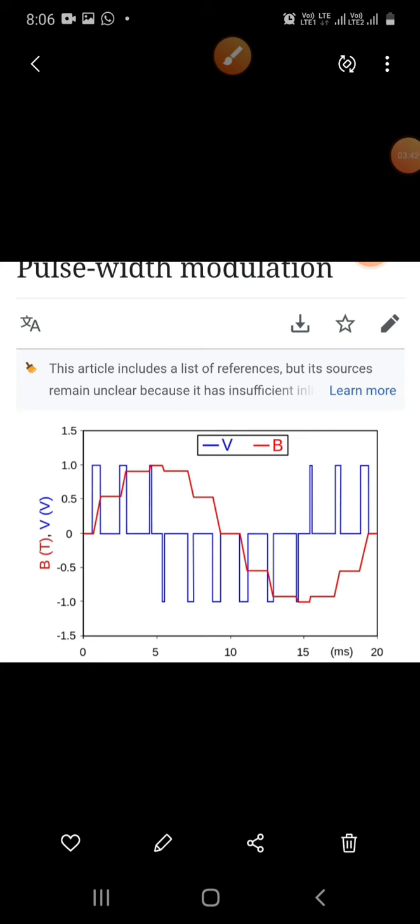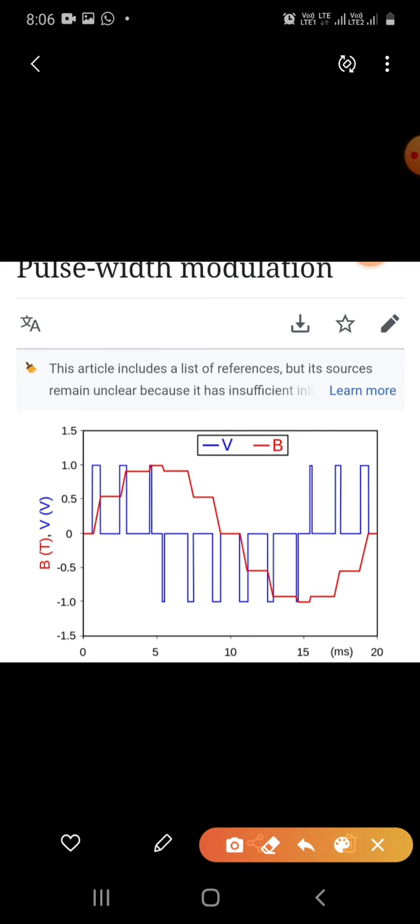See this figure here. This is an example of PWM, an idealized inductor driven by a modulated voltage source. This color is the modulated voltage source, as a series of pulses, resulting in a sine-like current in the inductor.